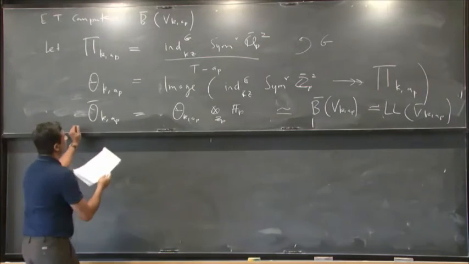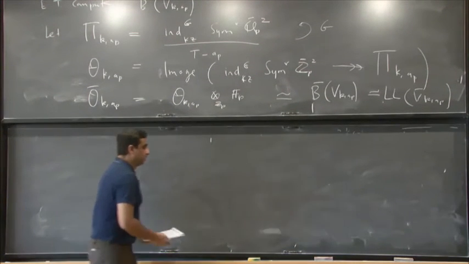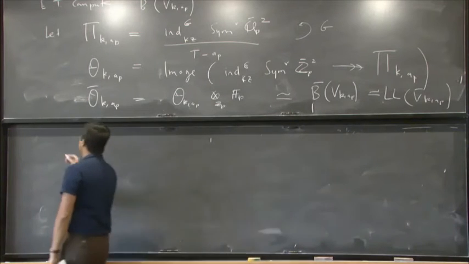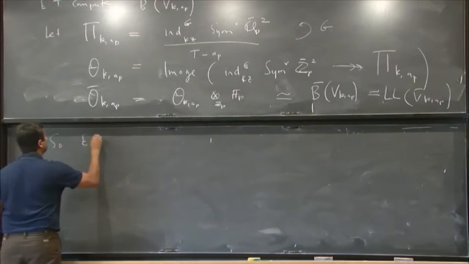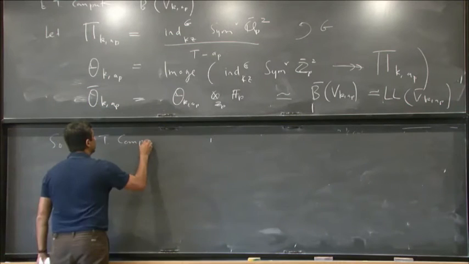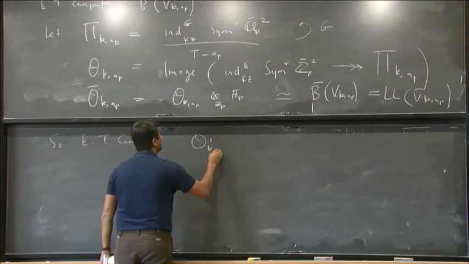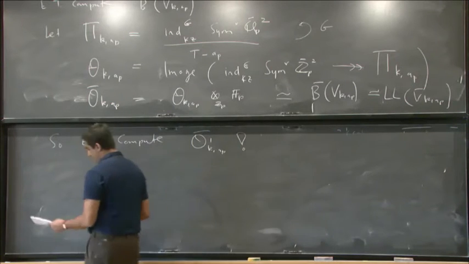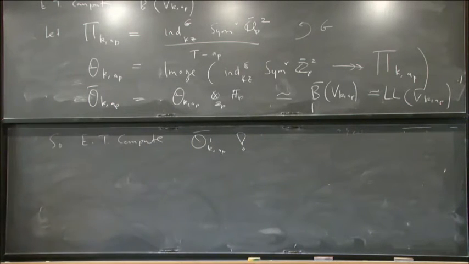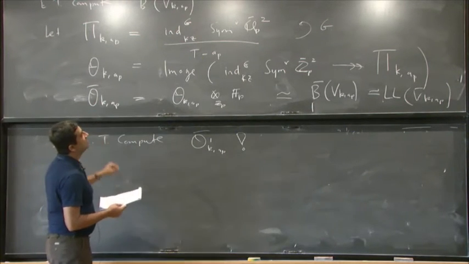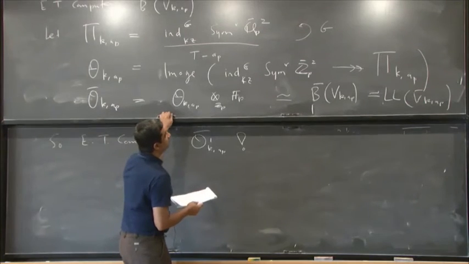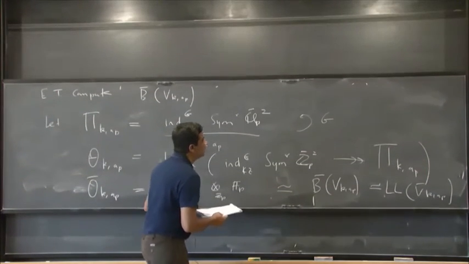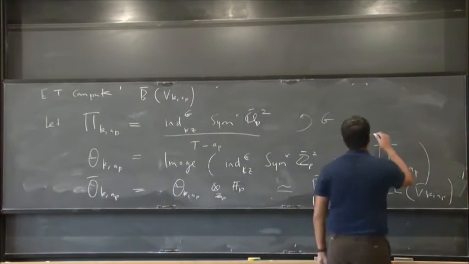Okay, so we have this theta k ap. So it's enough to compute. I'll go back here for a second and write the following.